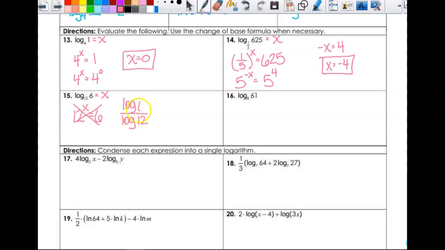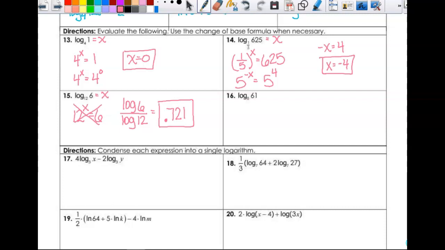So this is log of 6 over log of 12. Then you would use the calculator. If I type in log of 6 divided by the log of 12, I get a big old long decimal, but I should always be accurate to 3 decimal places unless it doesn't make sense or I'm told otherwise. My answer is 0.721.